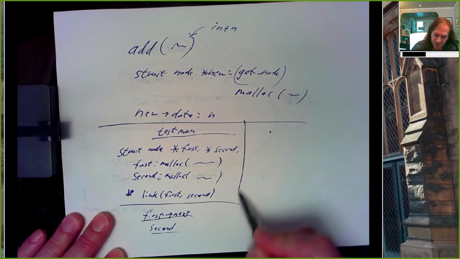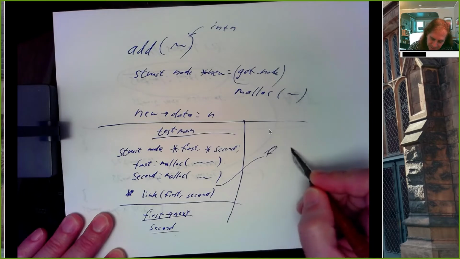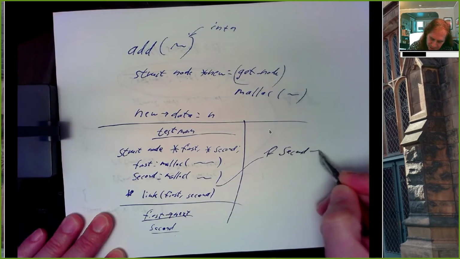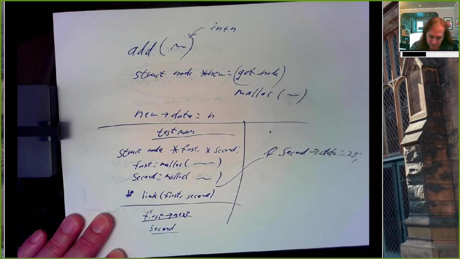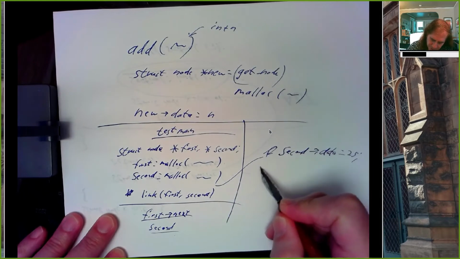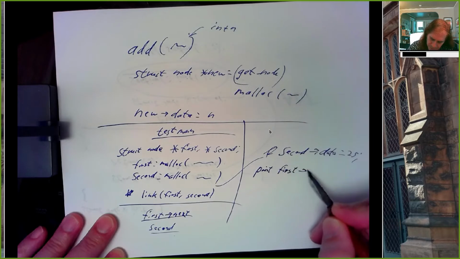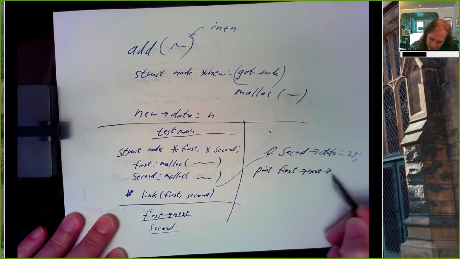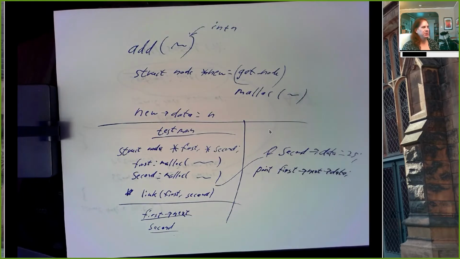If you don't want to do this in GDB, after you malloc, you can do something like second arrow data, give it some value, and print first arrow next arrow data. That should show you the current value of second data after you call link.